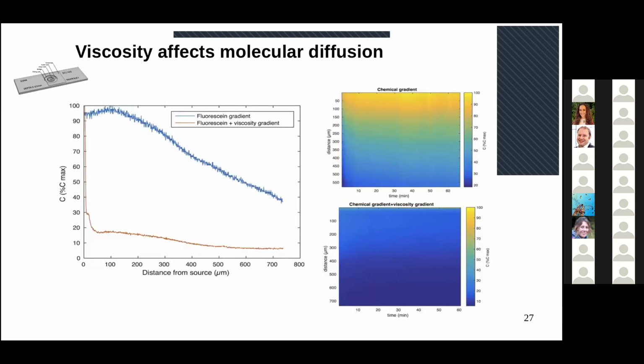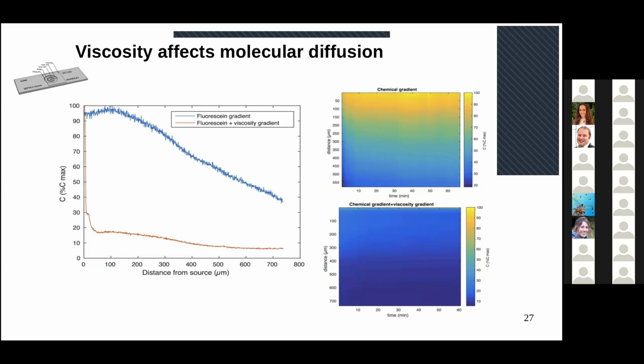So let's go first to the molecular diffusion. We had this very simple experiment in which we used a dome chamber that you can see up in this corner, which is a kind of slide that is used to detect and quantify chemotaxis in organisms.